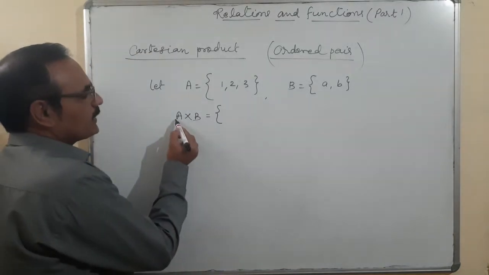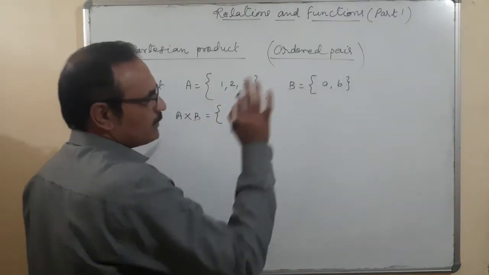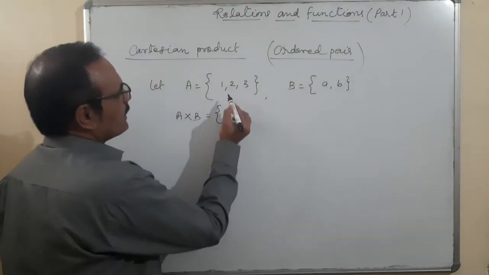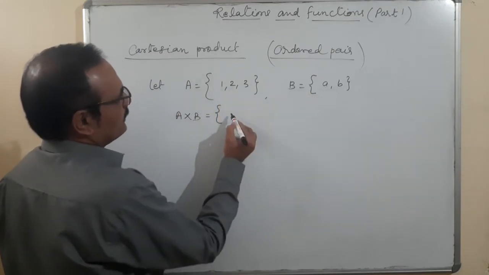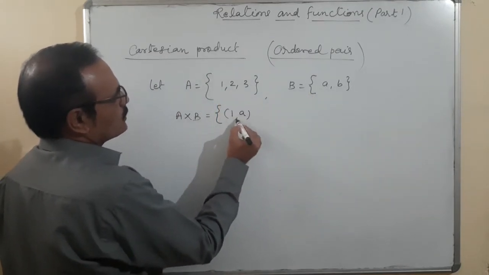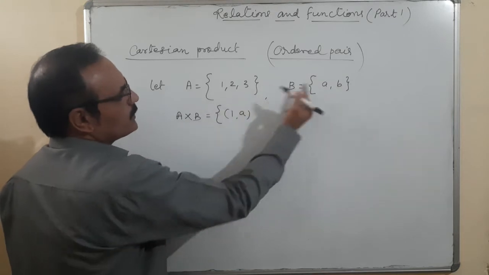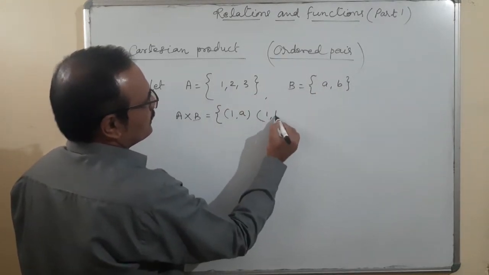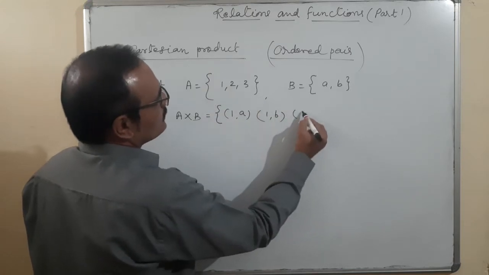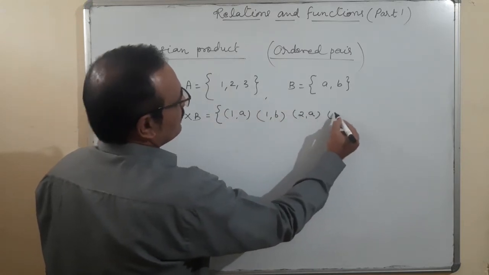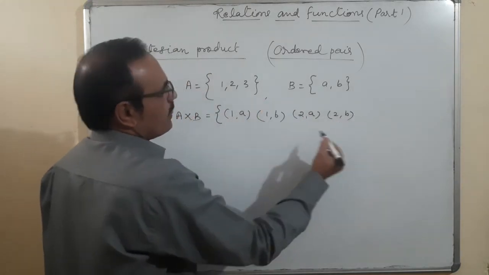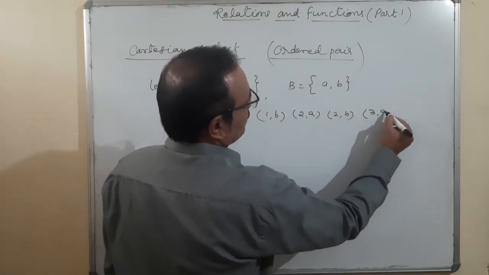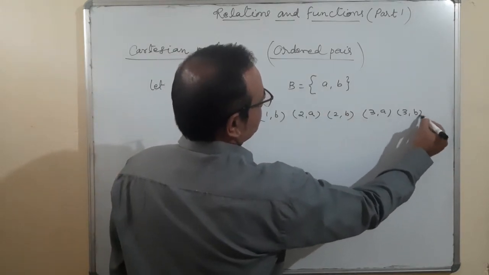First I have taken A, second is B, A having 3 elements, B having 2 elements. So I'll write here 1a. This is one Cartesian product, 1 with a. After that, 1 with b. Now 2 with a, 2 with b, 3a and 3b.